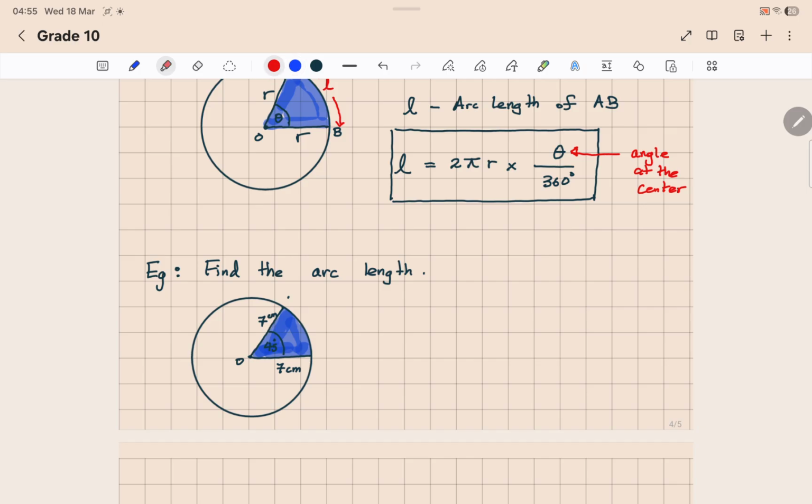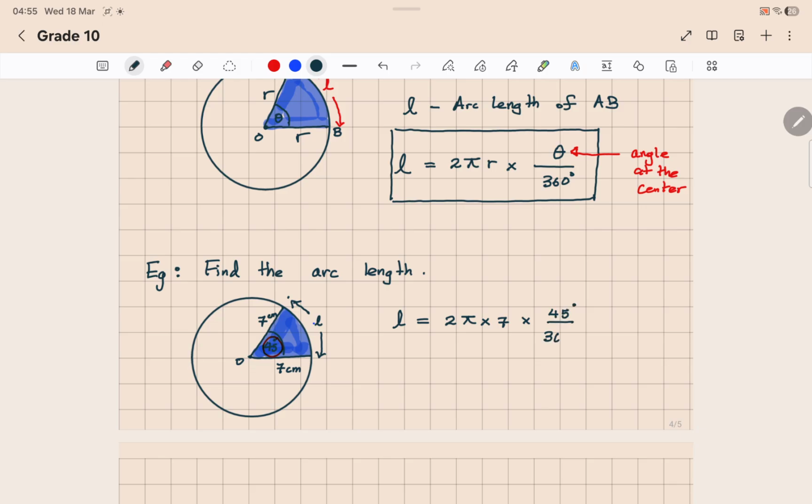So we want to find this length L. Apply the formula. L is equal to 2 pi R, where R is 7, times theta over 360. What is the angle at the center? 45 degrees. So 45 over 360.